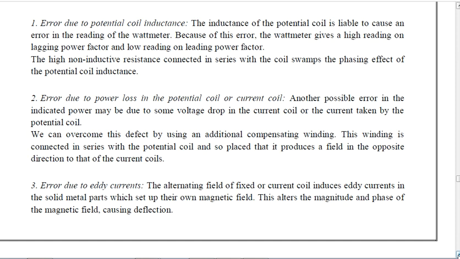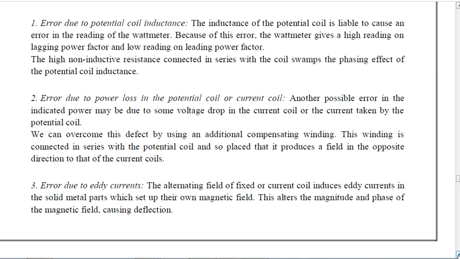The inductance of the potential coil is liable to cause an error in the reading of the wattmeter, because of which the wattmeter gives a high reading on a lagging power factor and a lower reading on a leading power factor. A high non-inductive resistance is connected in series with the coil to minimize the phasing effect of the potential coil inductance.